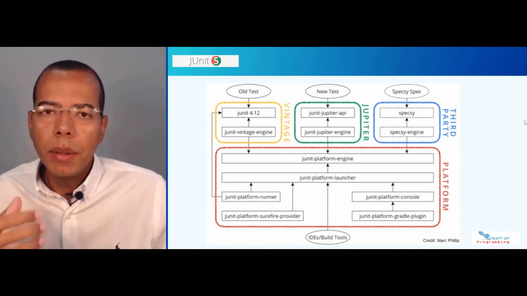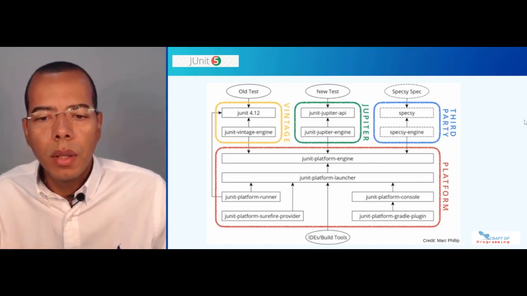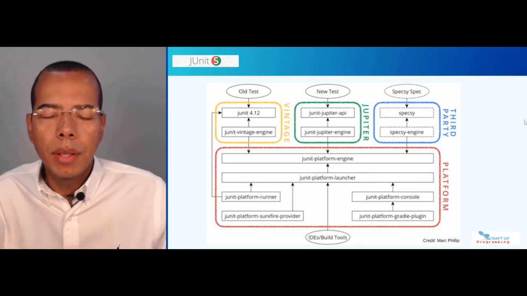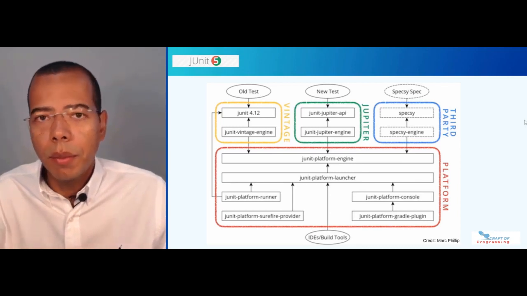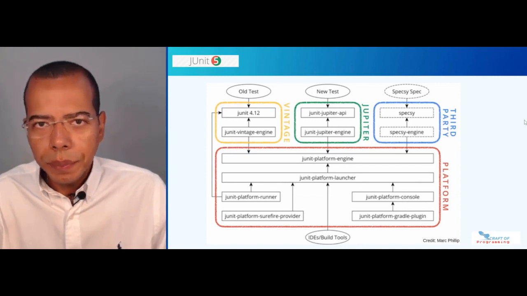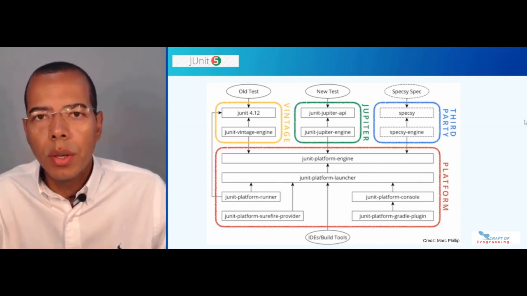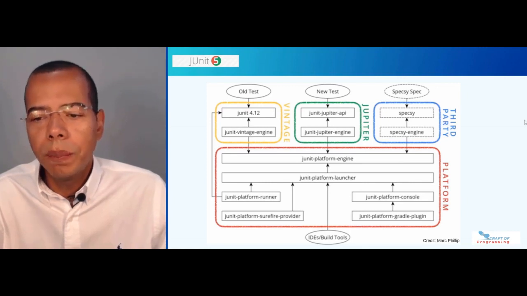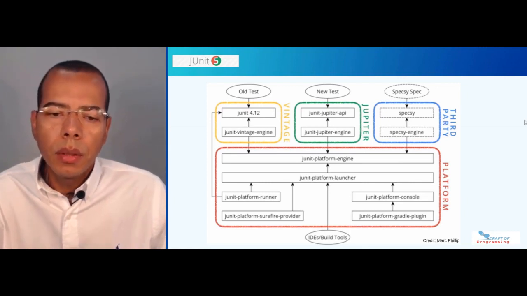That's the key dependency that your tests are going to depend on. And the Vintage engine in yellow is provided for backwards compatibility, so that existing JUnit 4 tests can run in the new platform.